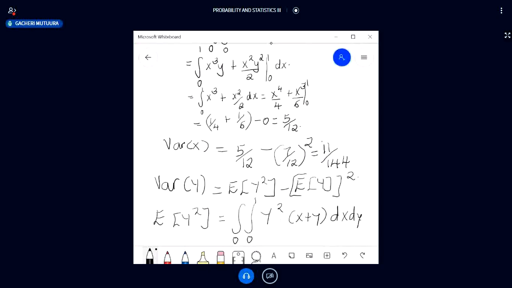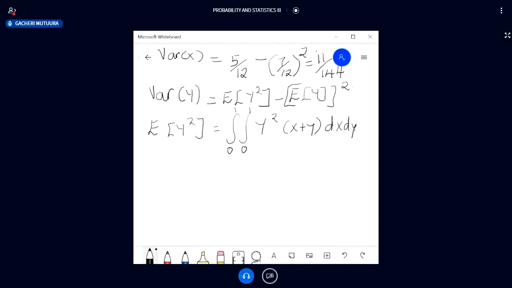I'm waiting for that variance of y. First, give me the expected value of y, then we proceed to compute the variance.